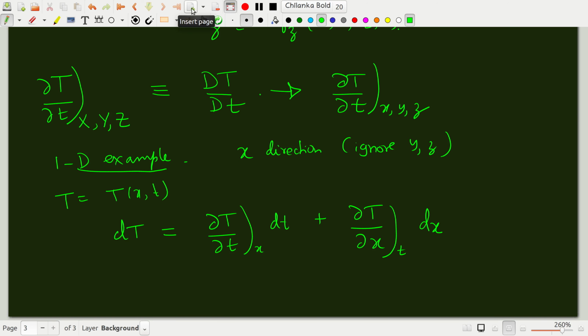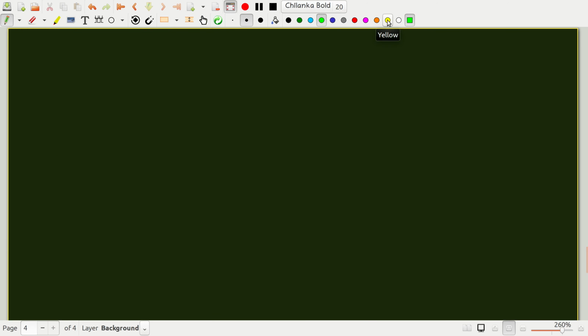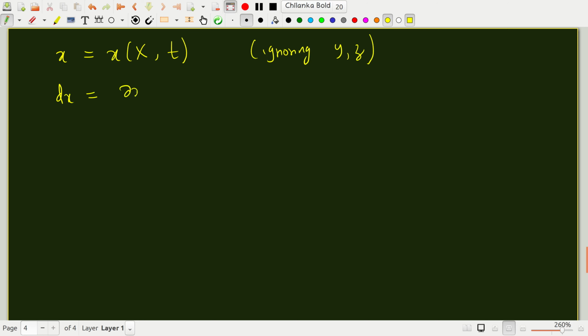Let me take a new page. Now x is a function of the initial position of the particle, capital X, and time. Notice that I'm ignoring the y and z coordinates. I'm assuming things are varying only along the x direction. So dx is partial x by partial capital X at constant time dX plus partial x by partial time at constant capital X dt.